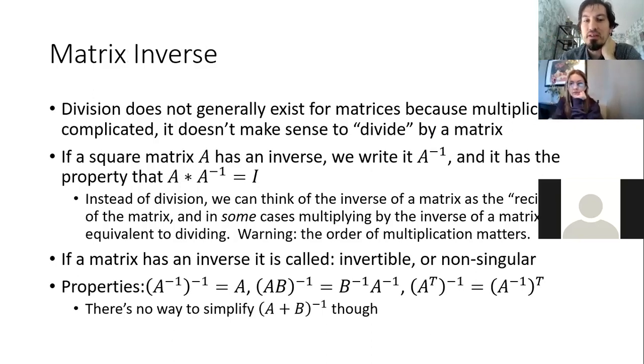It doesn't make sense to say matrix A divided by matrix B. However, there is something known as an inverse, which is sort of like division in the sense that it has this property where if you have a matrix A and you multiply it by A inverse, when you see this -1 sign, this is another kind of cue signal to us that it's kind of like division, because if you think of something raised to the -1 power, it's kind of like 1 over that thing. It sort of means that, but it doesn't literally mean that.